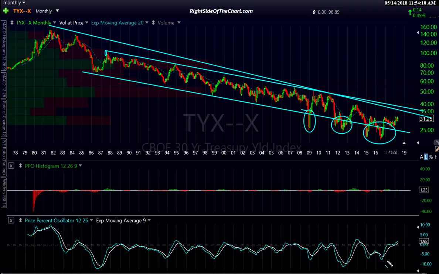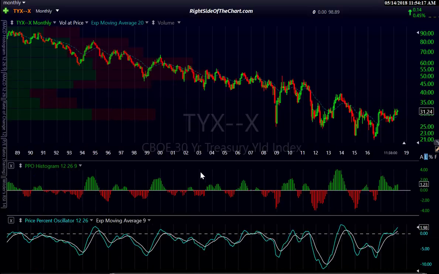You can see a big divergent low right here on the PPO. That's the PPO histogram above there. So there's a big divergent low, and that tells us, and I think it goes without saying, that the secular bear market in interest rates is most likely over. And that doesn't mean that we're going to skyrocket up right away.